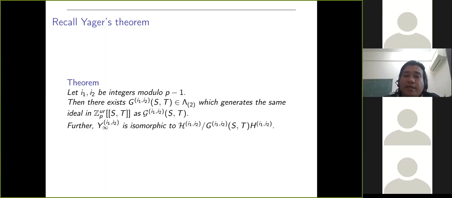Here calligraphic H is isomorphic to a power series ring in two variables, and G is some explicit factor which I have not written down.